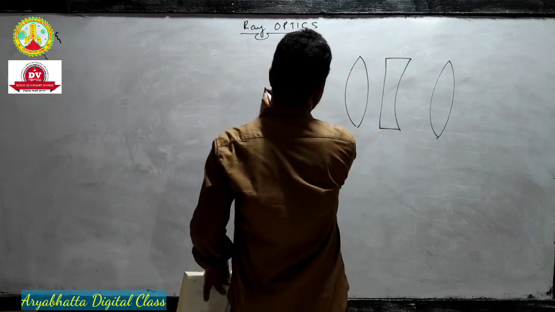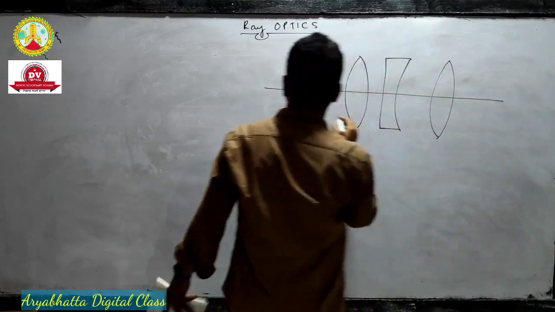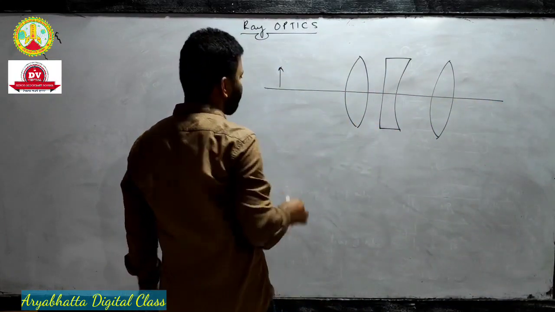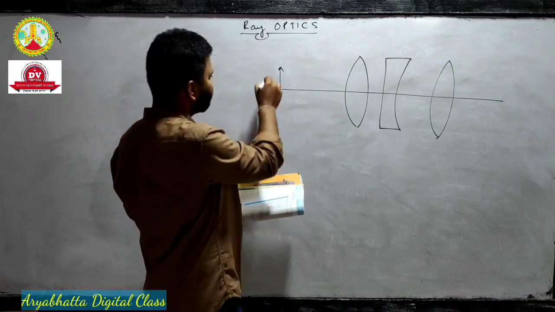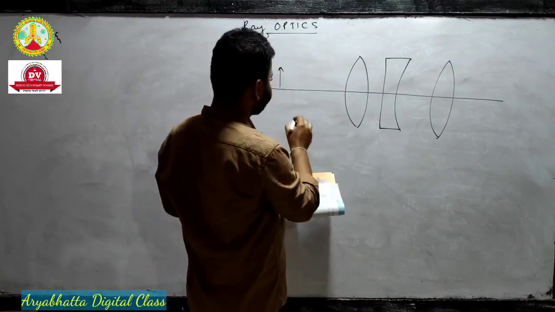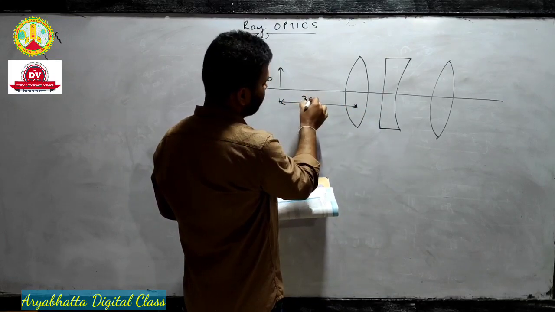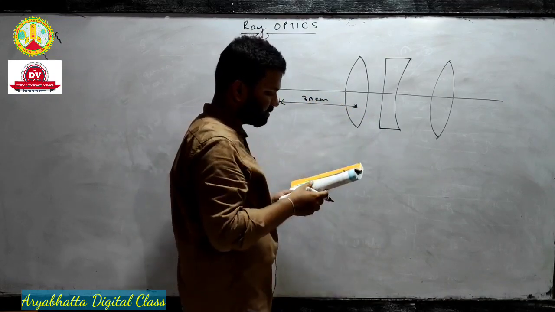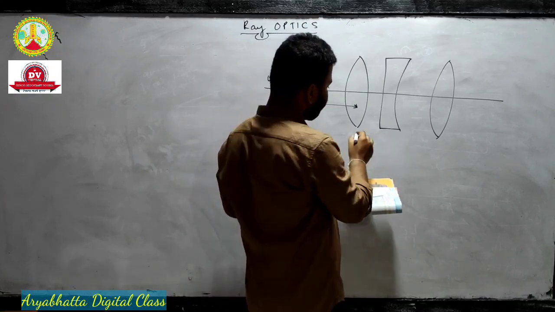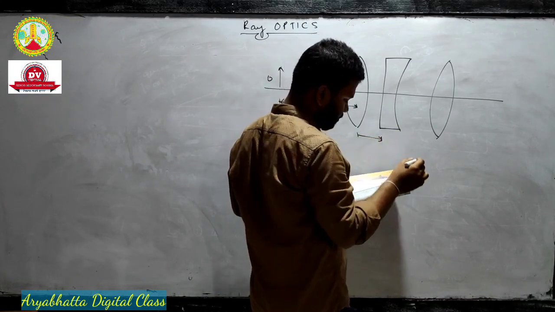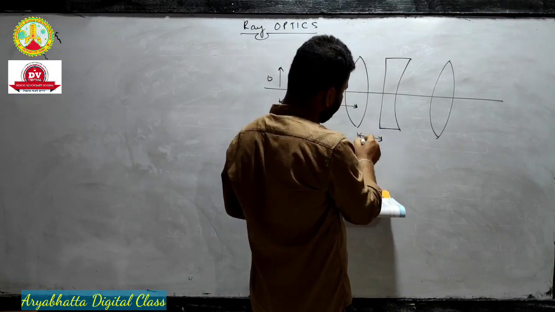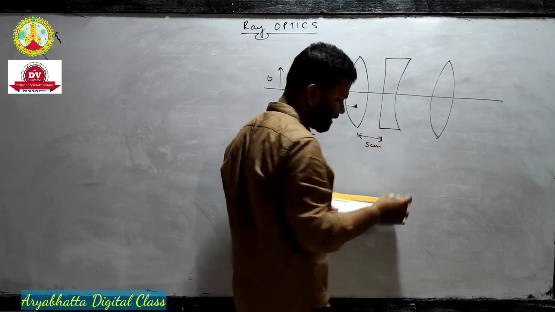This is the common principal axis. Somewhere at this position there is the object O, and the object is at a distance of 30 centimeter from the first lens. The distance between these two is 5 centimeter.